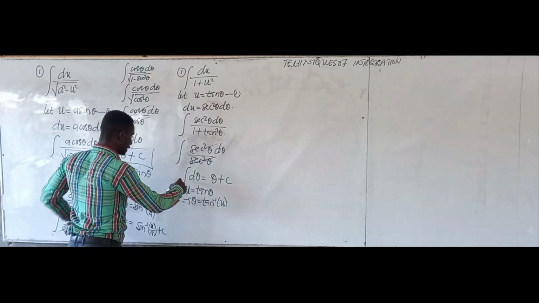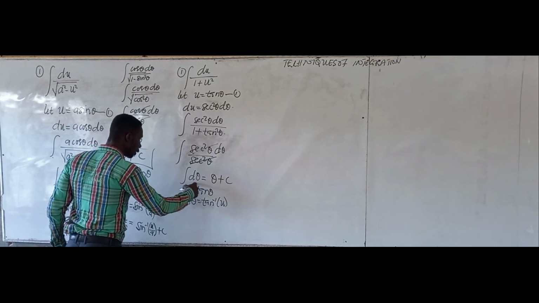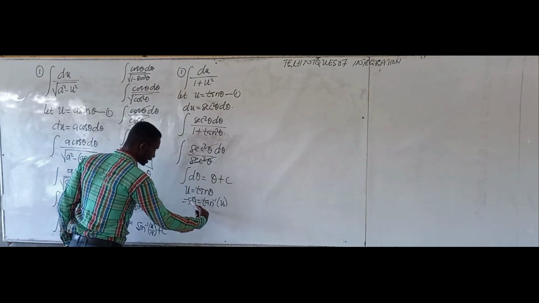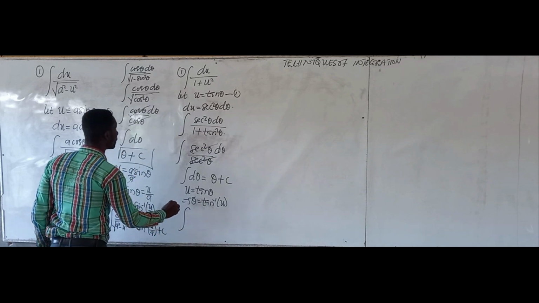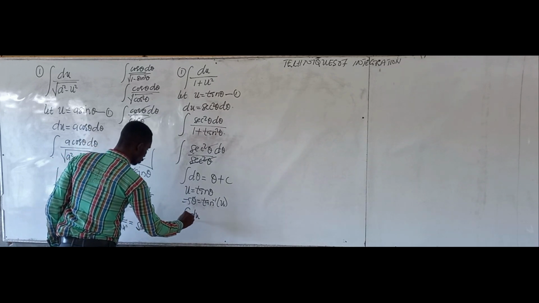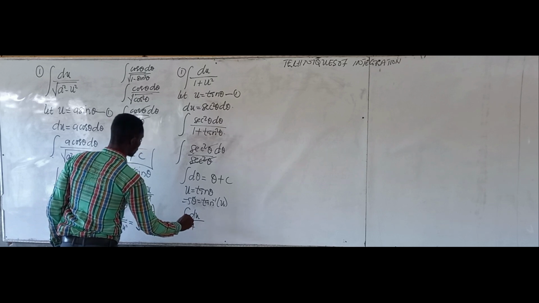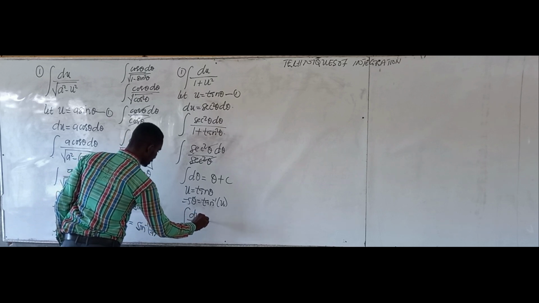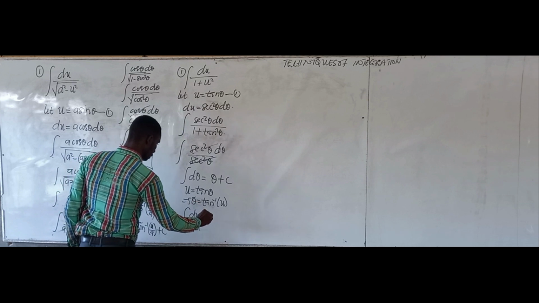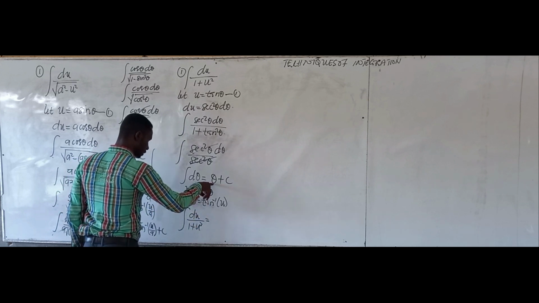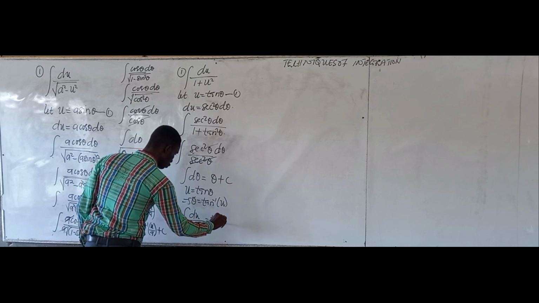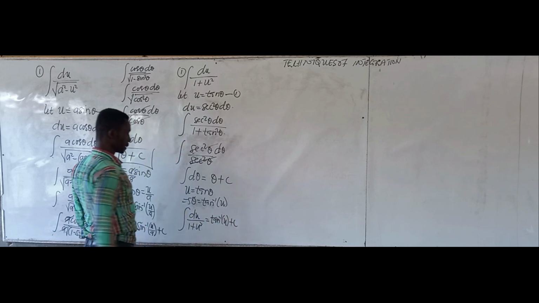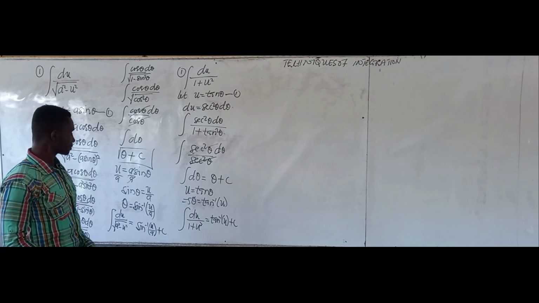So integral d theta, which is theta plus c, where theta is tan inverse of u. So clearly, integral du all over 1 plus u squared is equal to theta plus c, which is tan inverse of u plus c. That's as simple as that.